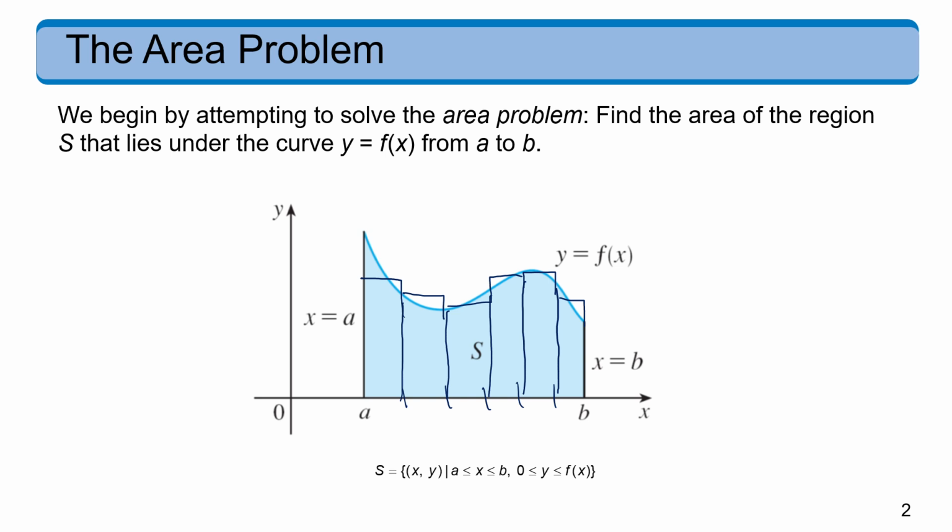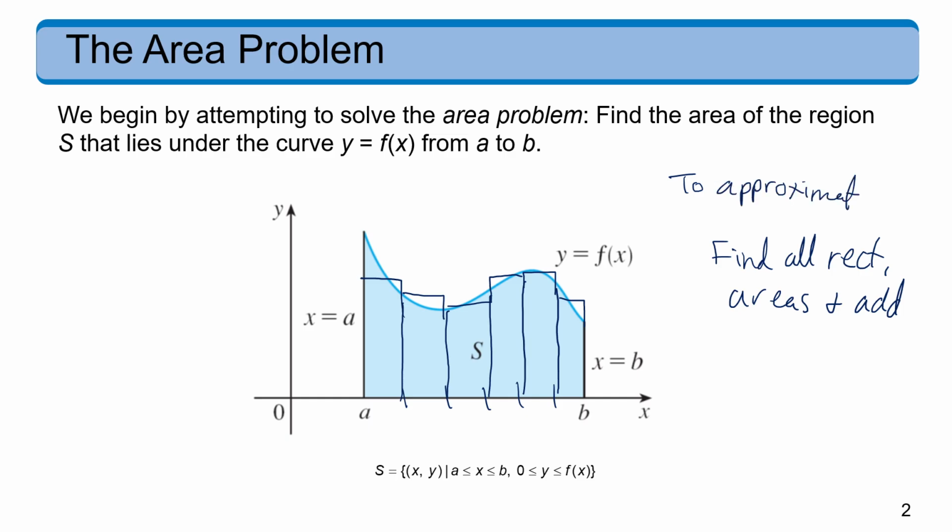And then you find all the areas of those rectangles and add them up. Now that's only going to be an approximation to the area we're looking for. So we're going to need to figure out how to move from an approximation to the exact area.